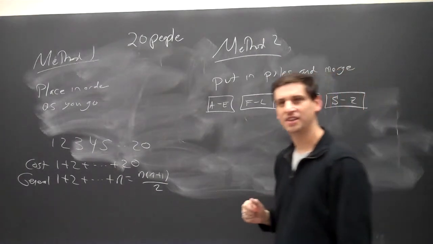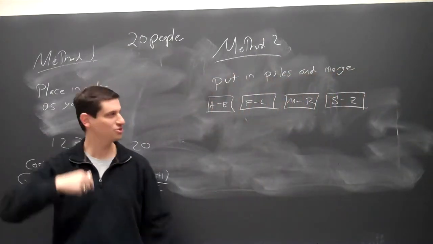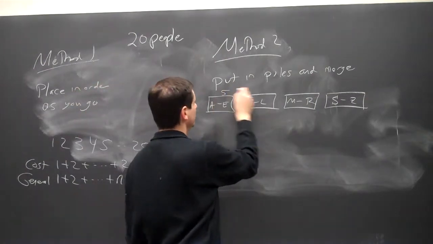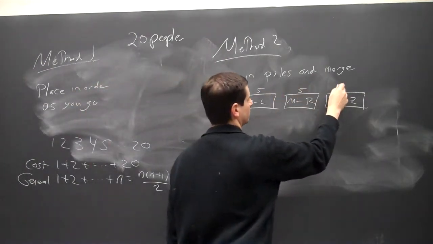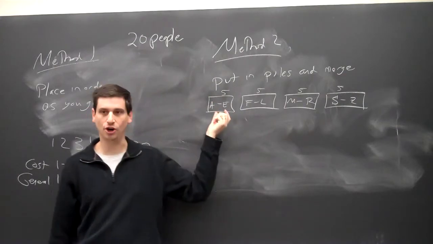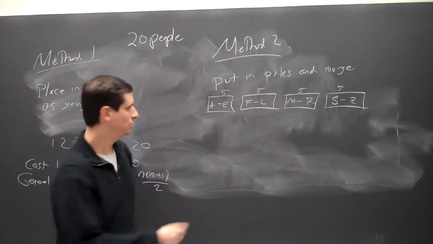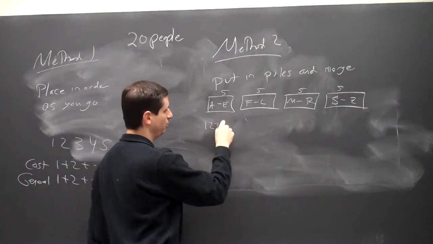That's not hard to do. I have a class list, and I can just choose these letters based on my class list. So I've got 5 people in each of these. How many steps could it cost to sort the 5 people in here? 5 plus 4 plus 3 plus 2 plus 1. Could be 1, 2, 3, 4, 5 again.